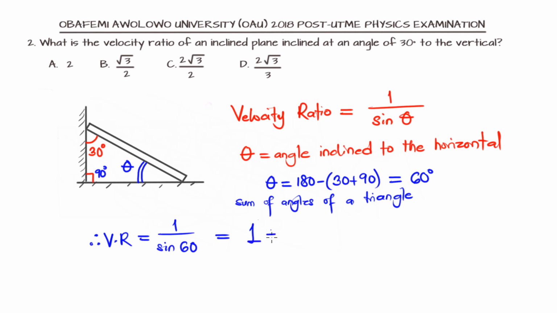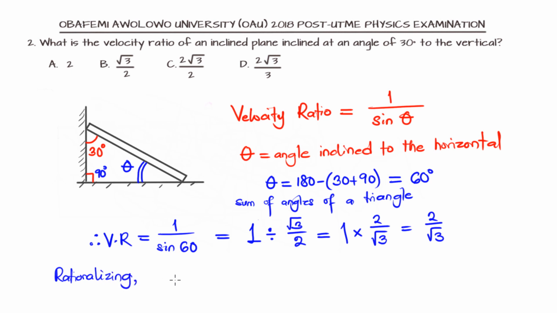That will be 1 divided by sine 60. Sine 60 is root 3 divided by 2. So if we swap, that will be 1 multiplied by 2 over root 3, and that's 2 over root 3. But that's not included in our options for the answer. So what we just need to do is rationalize, that is, multiply the surd at the denominator, and we'll multiply it to the numerator and denominator as shown.